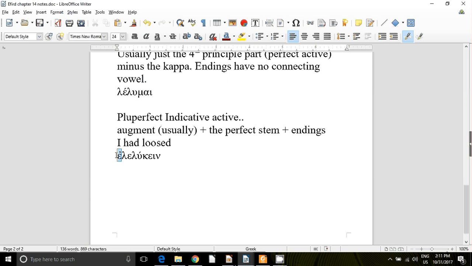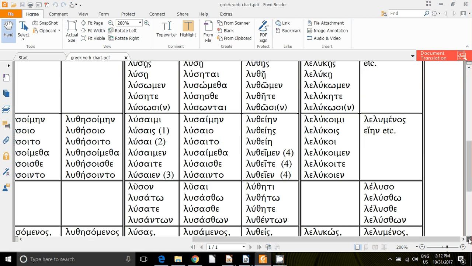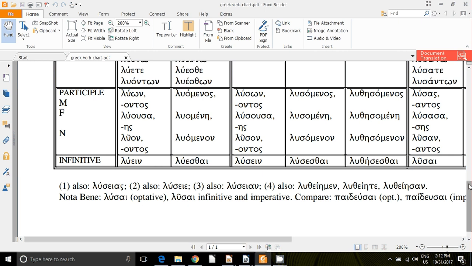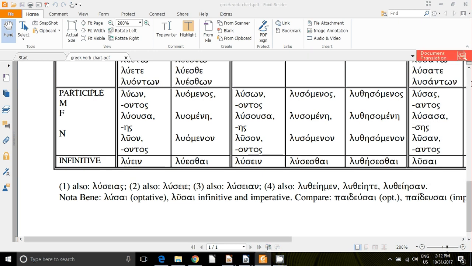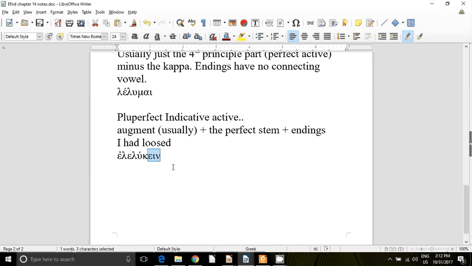So reduplication plus the perfect stem plus these endings. Let's take a look at these endings. Where do they stick the pluperfect on this? I don't think they stuck the pluperfect on my chart. My chart is defective. Well, let's just type them out then, because the endings are there for you on page 72.